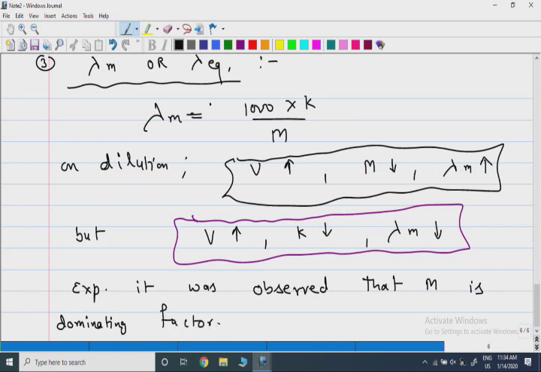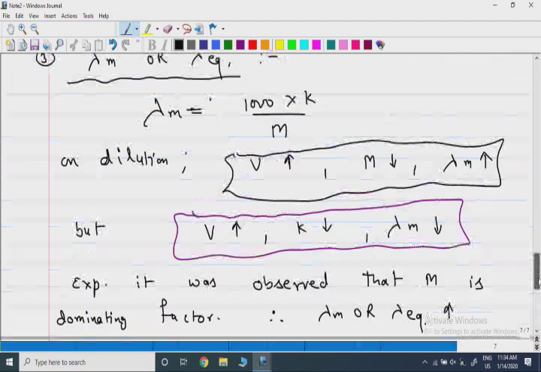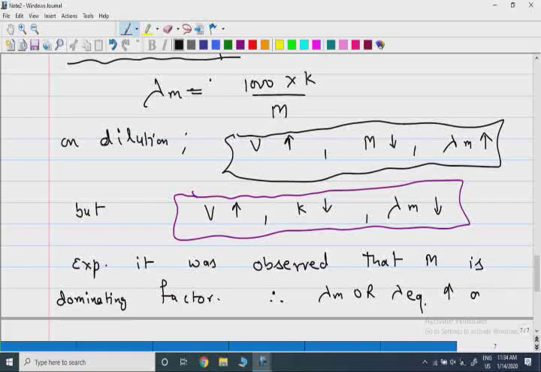Therefore lambda m or lambda eq increases on dilution. I hope this is clear to everyone. Clear? Is there any confusion about this? Anyone?